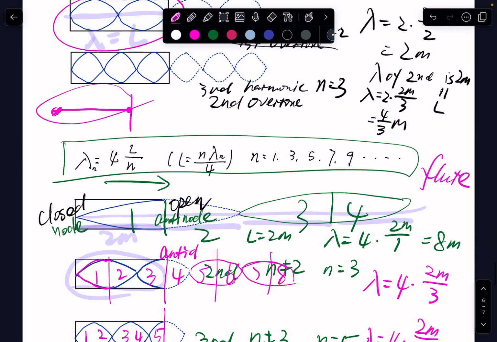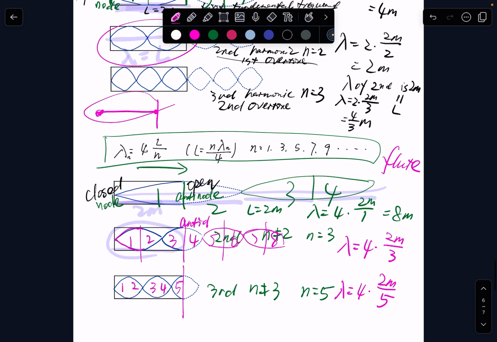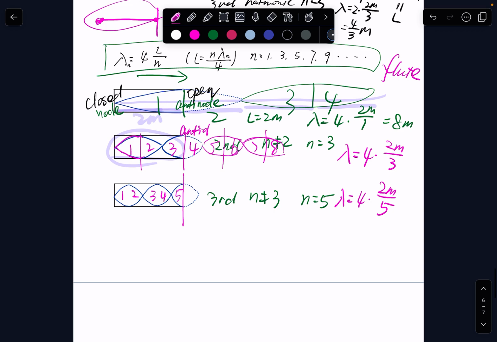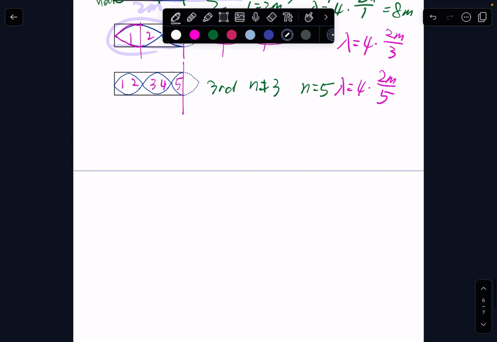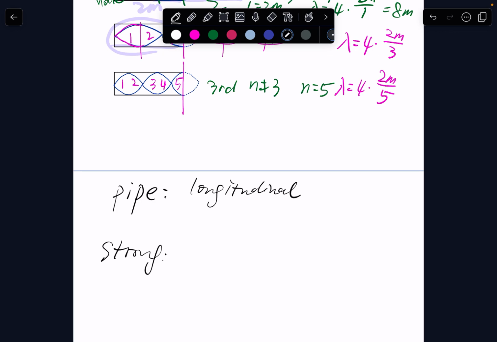Okay, so that wraps up harmonics. The very last thing I want to point out is that we can have longitudinal or transverse waves. In the case of a pipe, it's different than the case of a string. The pipe has longitudinal waves, whereas the string is really a transverse wave.